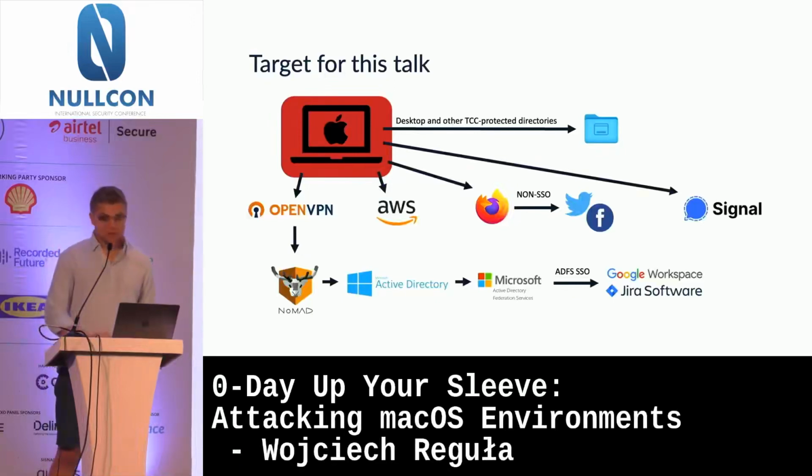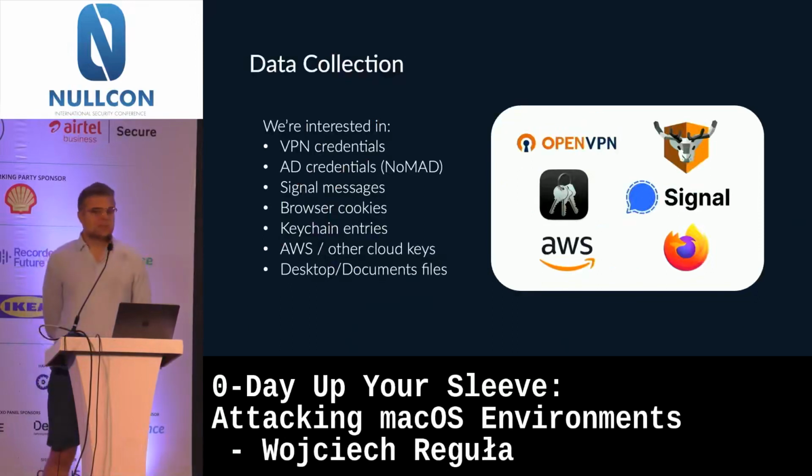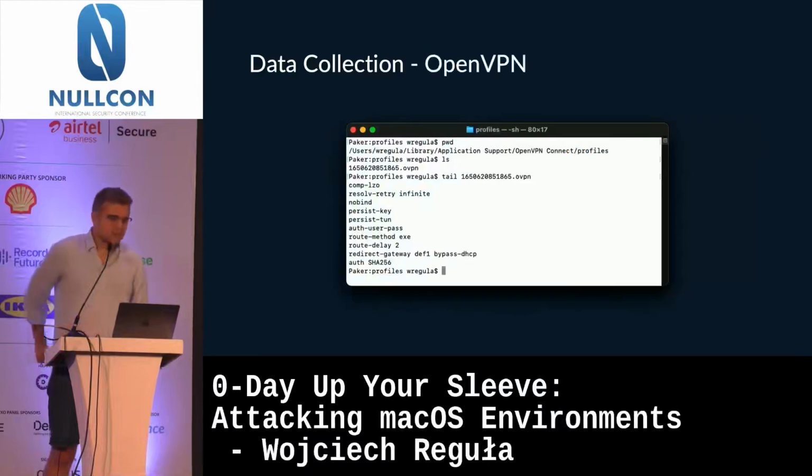Great. So we have taken over the Mac. Now let's focus on the data collection, right? So we are interested mostly in VPN credentials, AD credentials, Signal messages, browser cookies, keychain entries, AWS or other cloud keys, and desktop and document files. Let's start with OpenVPN.